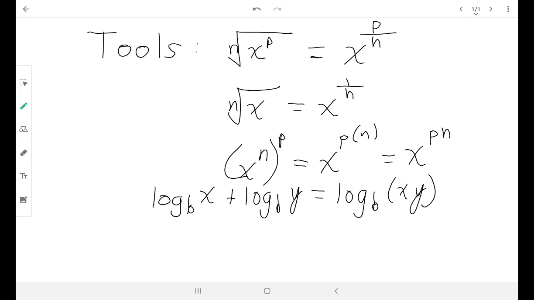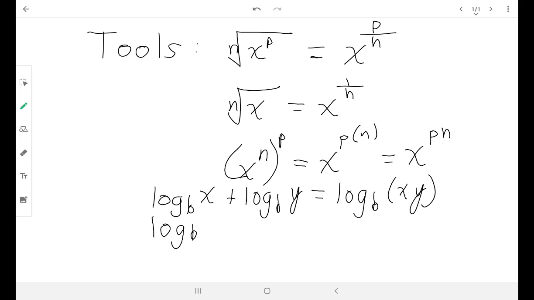And of course, you can expand them in the other direction. If you have log base b of x times y, it can expand into log base b of x plus log base b of y. So that's going to be a big important tool.